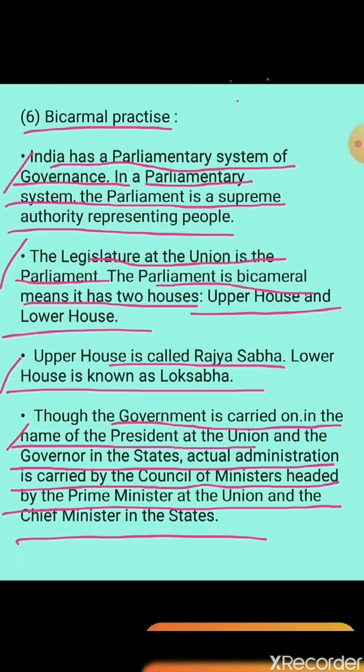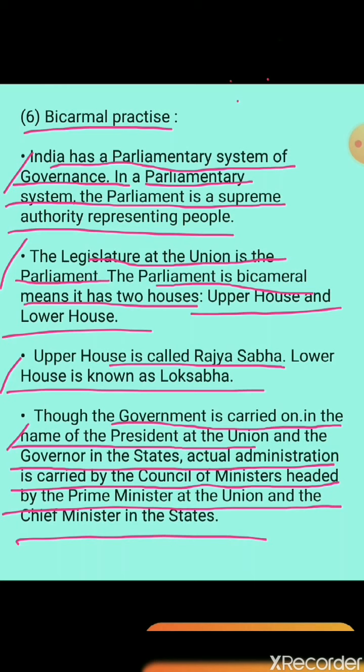Whatever work is done at the central level is done in the name of the president, and at the state level it is done by the governor. But the actual administration is carried out by the Council of Ministers, and the head is the Prime Minister.